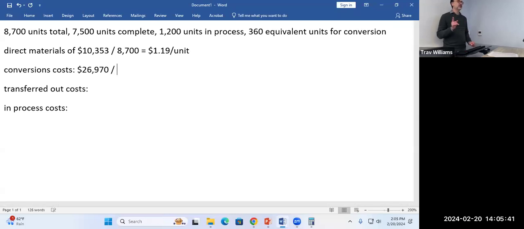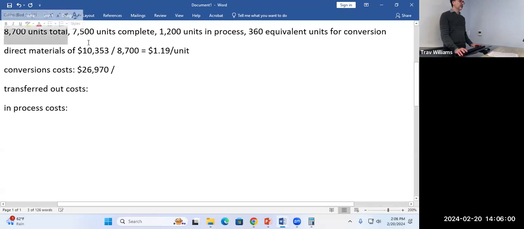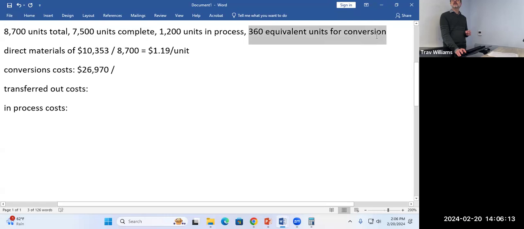And we can do something similar here with conversion costs, but it's a little different. What are the total equivalent units for conversion? Yes, that's right, 7,860. So for materials, we were able to just look at the total number of units. But for conversion, we have to take the completed units plus the equivalent units for conversion, right?